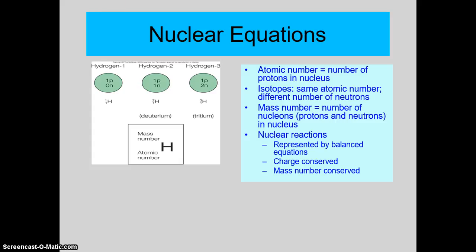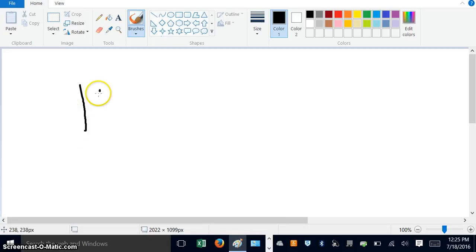So let's do an example so that you see how the mass number and the atomic number can give us the number of neutrons. Just to change things up a little bit, let's use potassium, which of course is element 19. That tells us the number of protons in potassium.